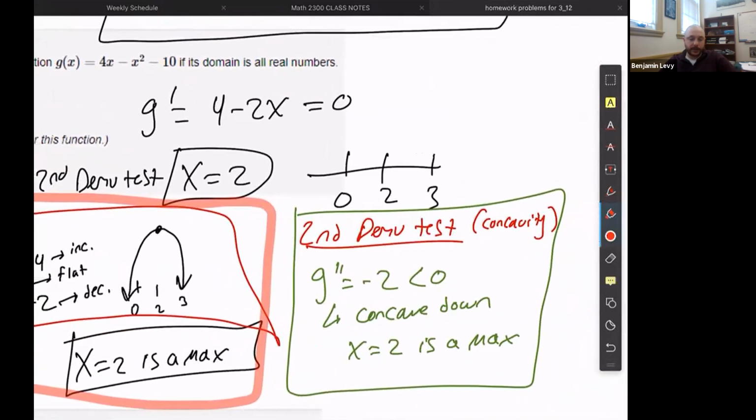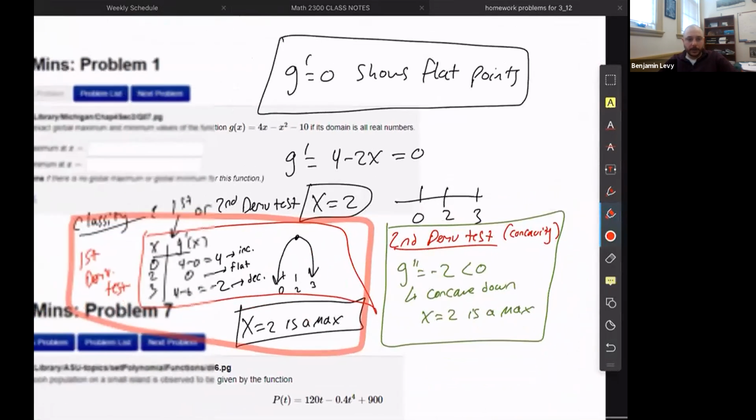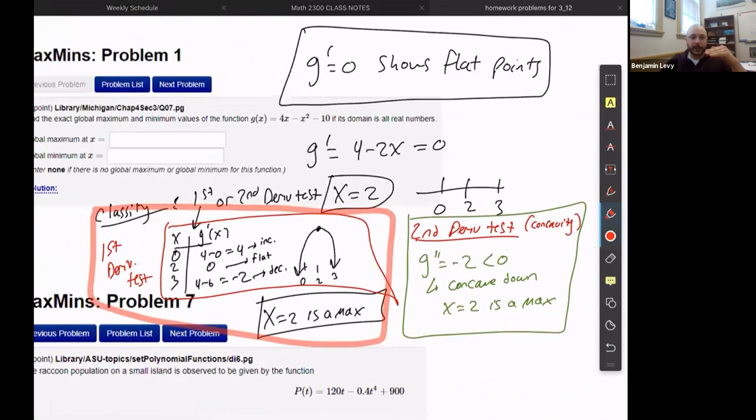The second derivative test uses the second derivative. Each of those tells you something different. The first derivative tells you increasing, decreasing, which is why we need to test on either side. The second derivative tells us concavity, so we only need to plug the one point in. In this case, you don't need to plug anything in because it's just a constant. You just plug the one point in, and it tells you concave up or down.